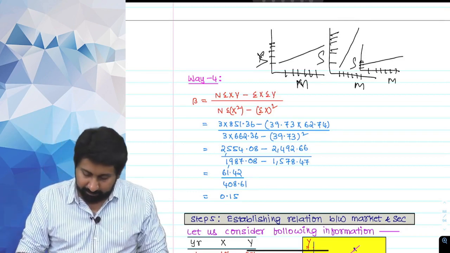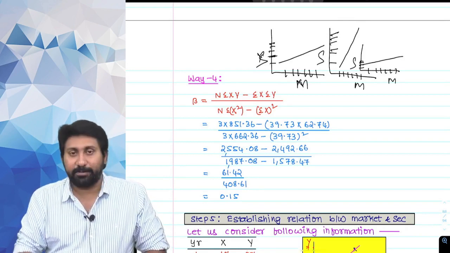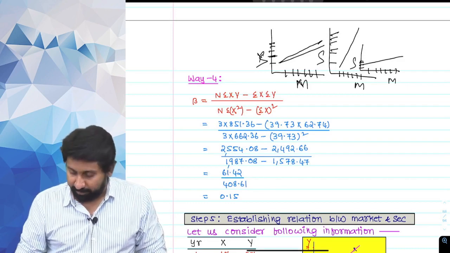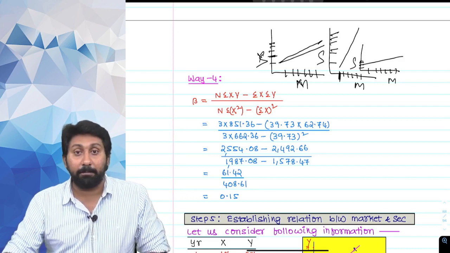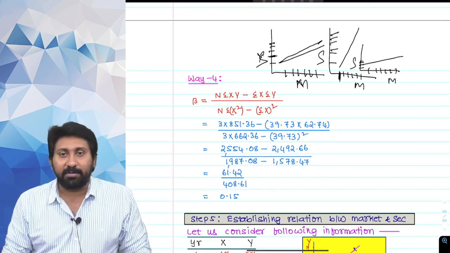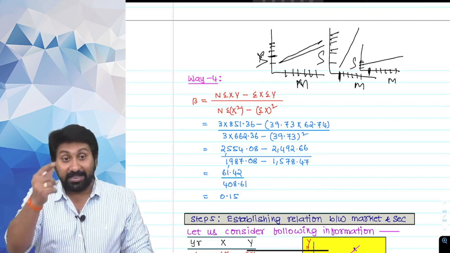First example, if the market increases by one time, security also increases by one time. Equally, both are moving. Next, market increases by one time, security moves by 2-3 times. Beta is very high. Market increases by one time, security increases by 0.25. Beta is very low.